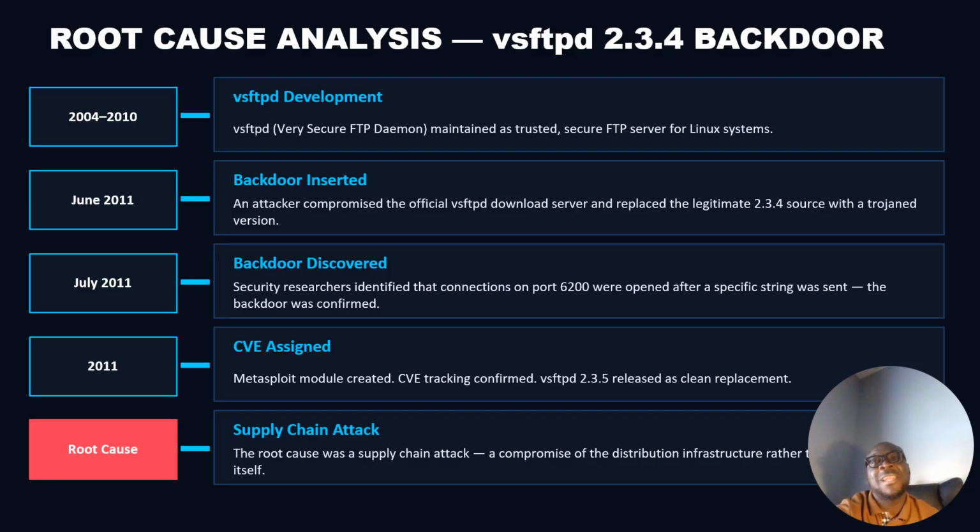This is a critical lesson. Even trusted software from official sources can be tampered with, which is why cryptographic verification of downloads is essential. Metasploit has a module for this exploit, making it trivially automated.